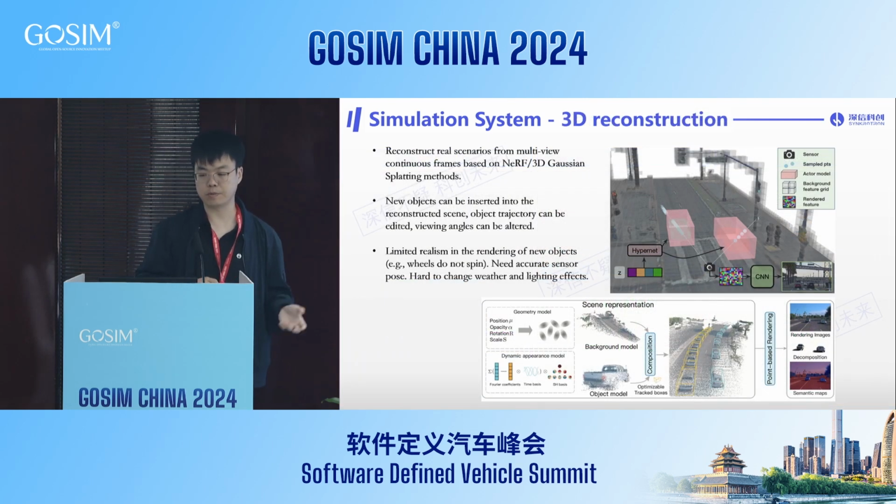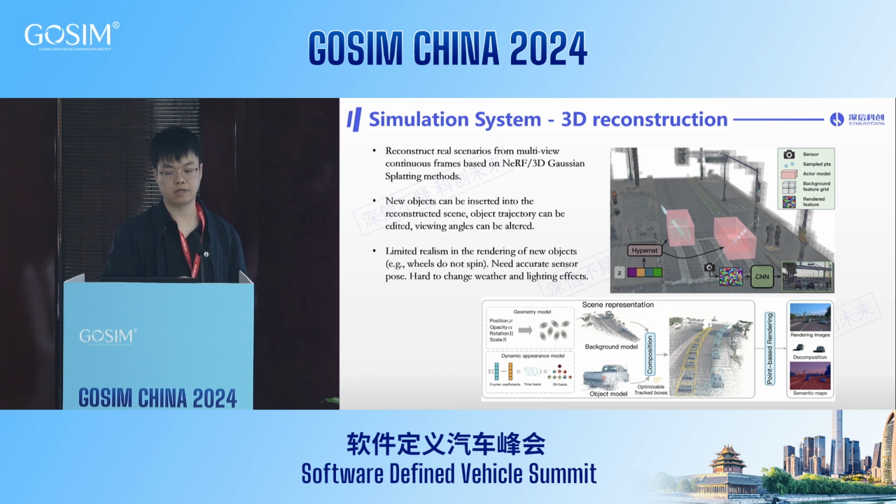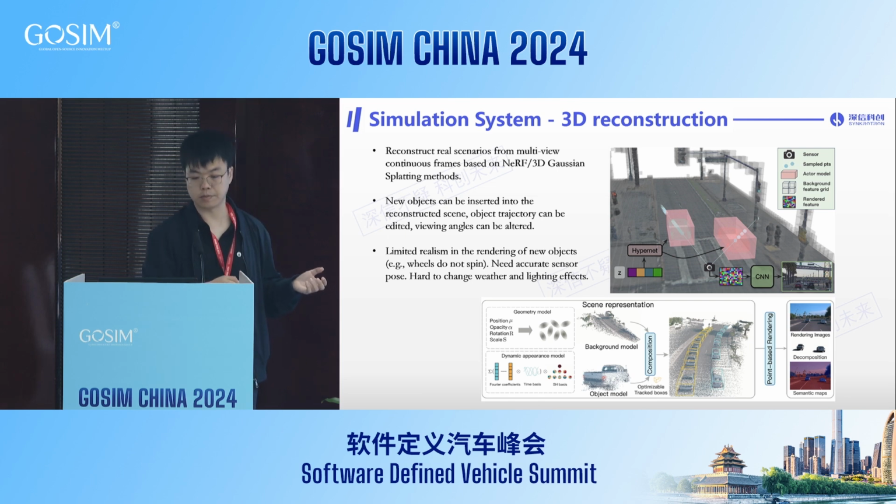And then there are some new methodologies coming up trying to avoid the cost or make it faster to build a simulation system. One of the ways is to do 3D reconstruction directly from data. This is one of the methods mentioned in GOSIM.